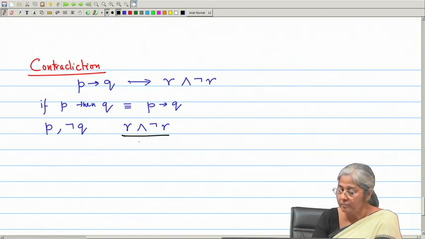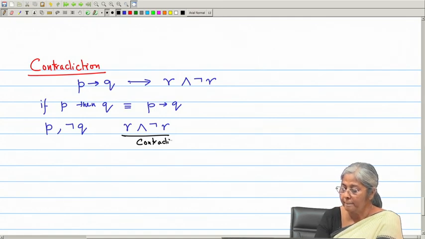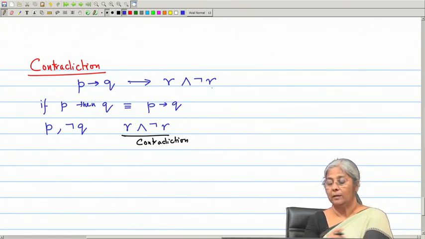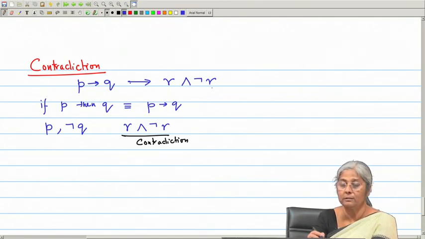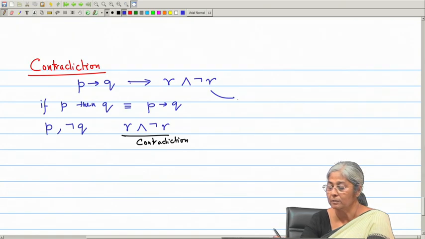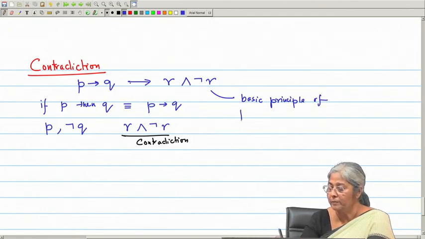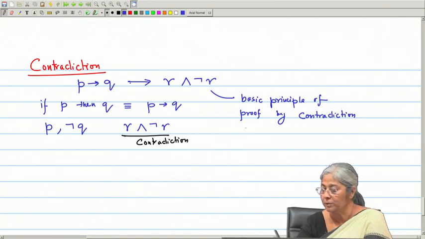So, if we get P implies Q implies R and negation R, that means contradiction, then this is the basic principle of the proof by contradiction.